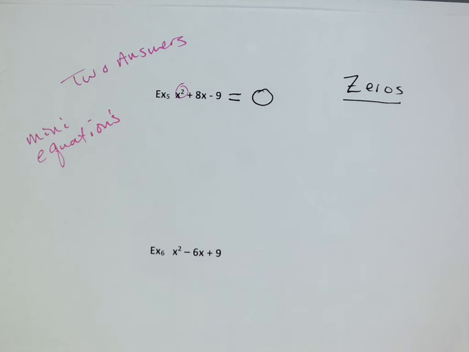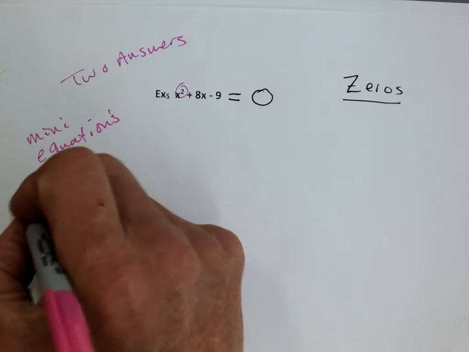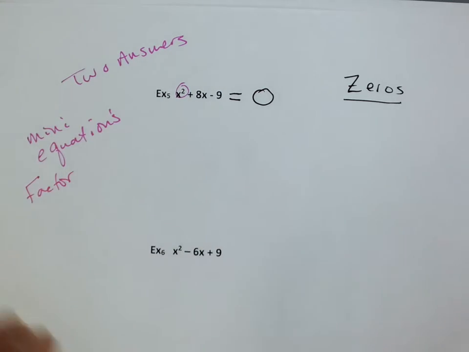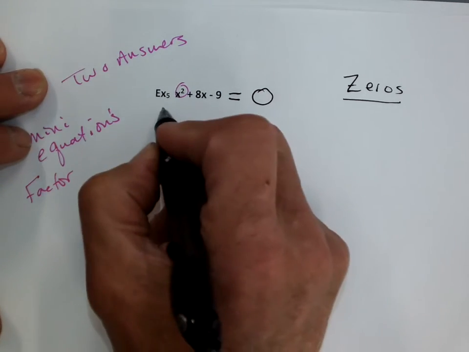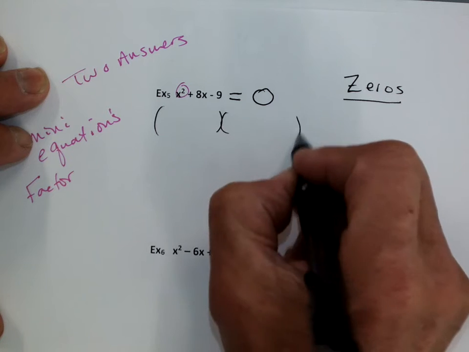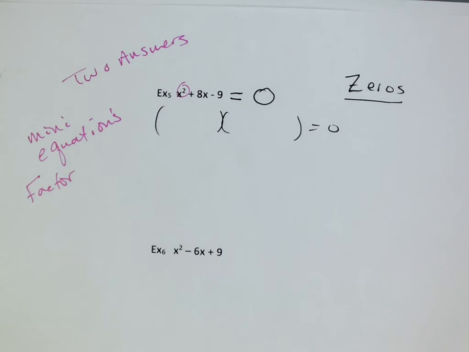And to get my mini equations, I need to factor. Okay, I'm going to factor first. So if I change the problem to equal 0, I'm looking for the zeros. I know because of x squared, I'm going to have 2 answers. If I factor, I'll get my mini equations, and then I can solve.